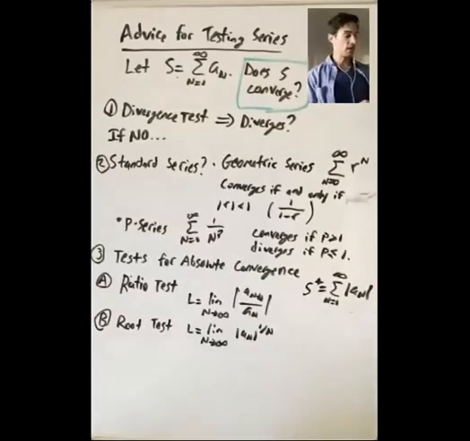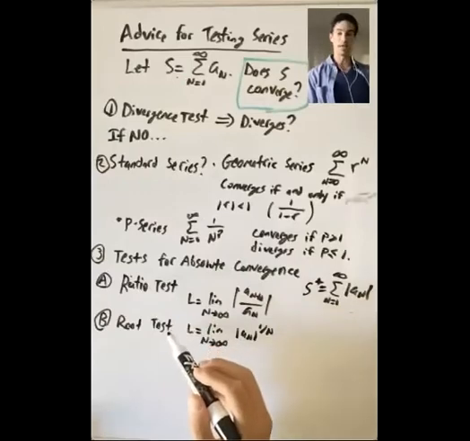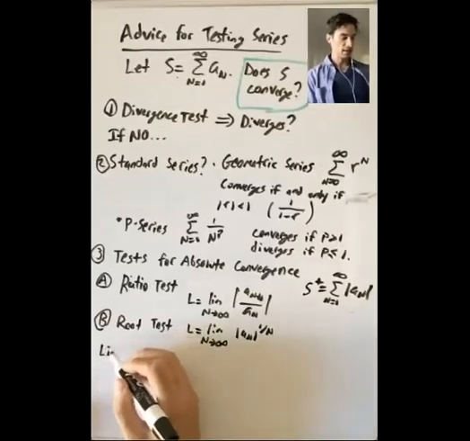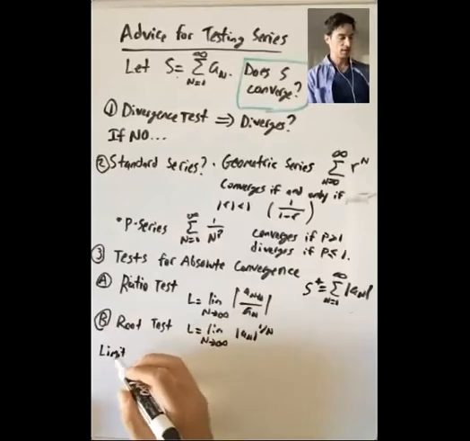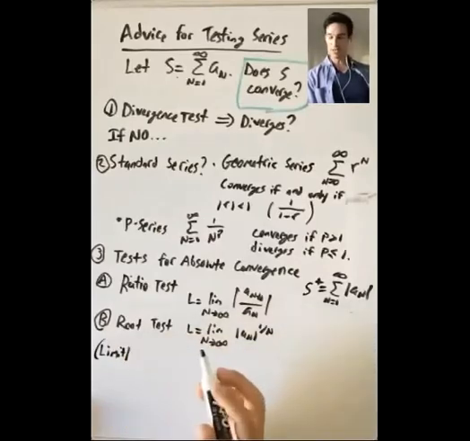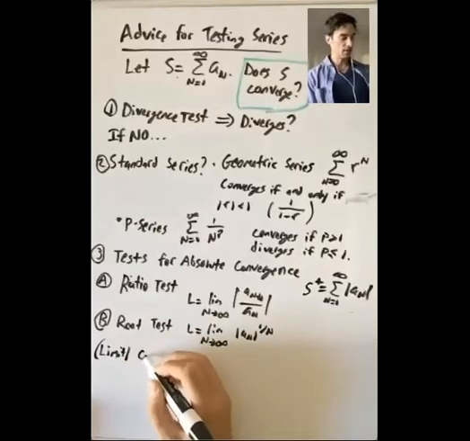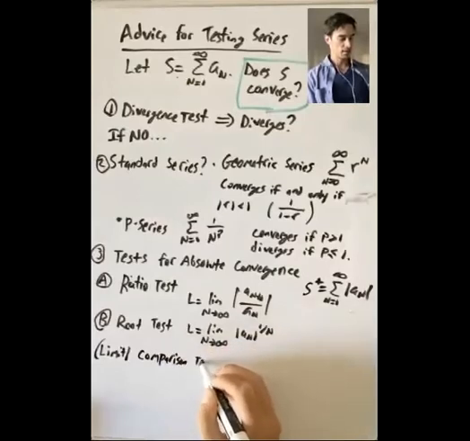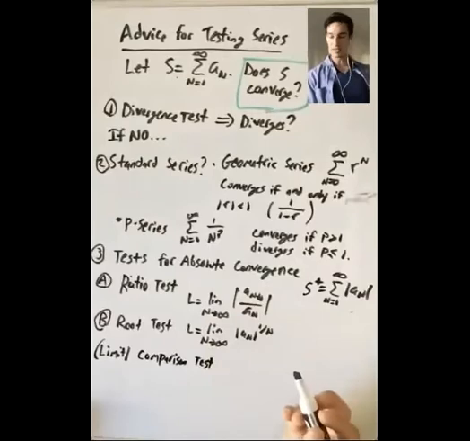So we've already sort of said cases where the ratio test or the root test work well. There are ways to make some of the other tests into tests for absolute convergence, where you have something like the limit comparison test or the comparison test.